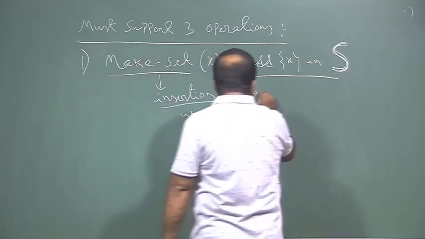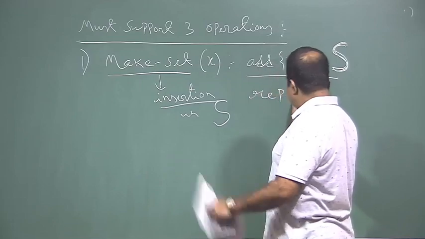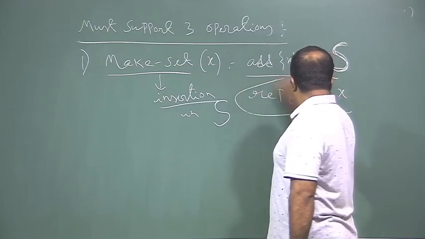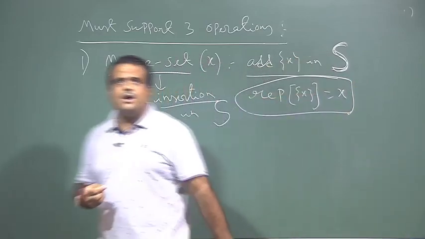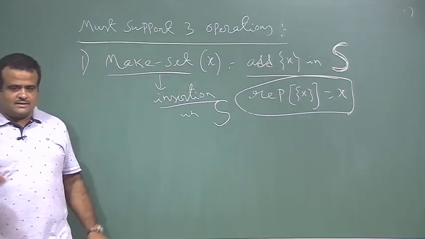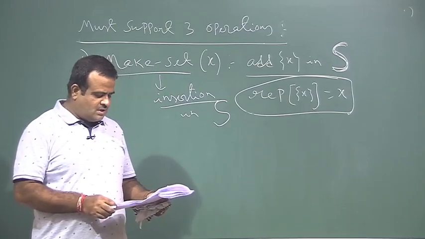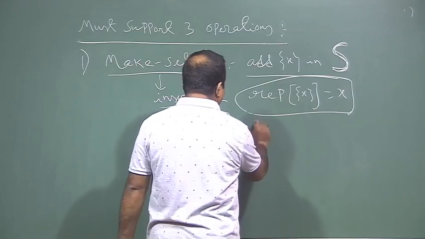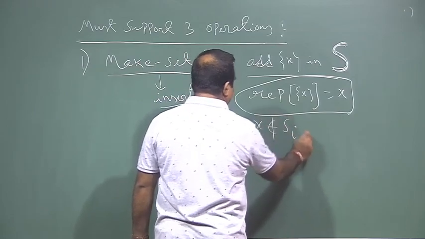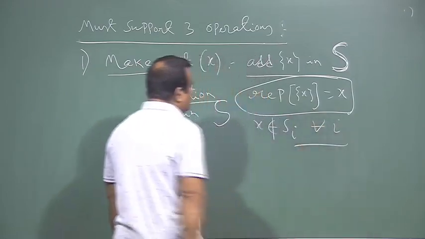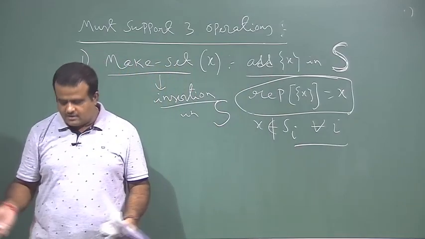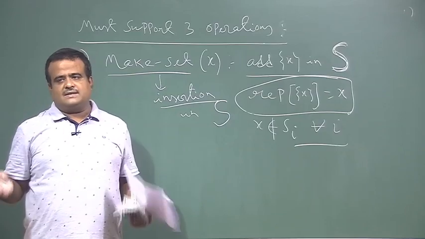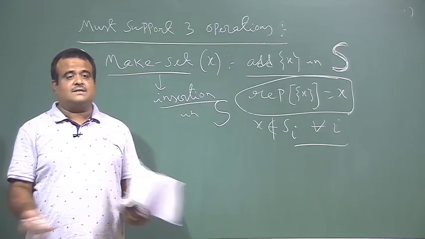So, obviously the rep of this set is x itself, because it has only one element and that is x. And x does not belong to any other set, because this is a disjoint collection of sets.